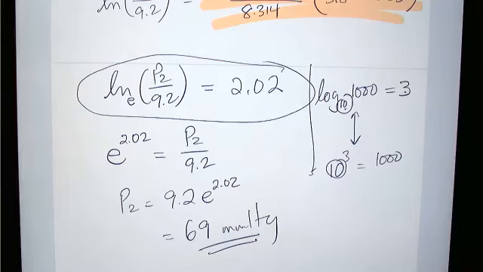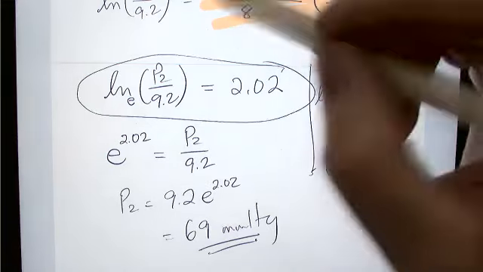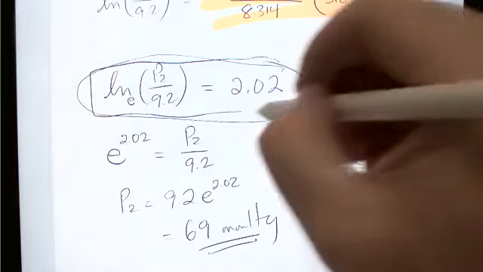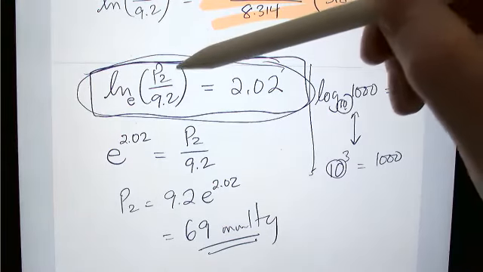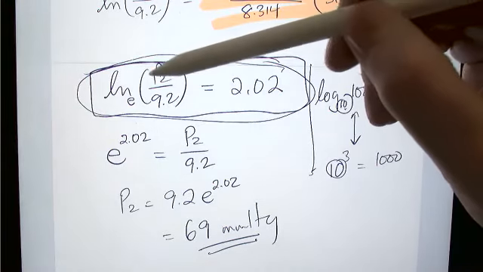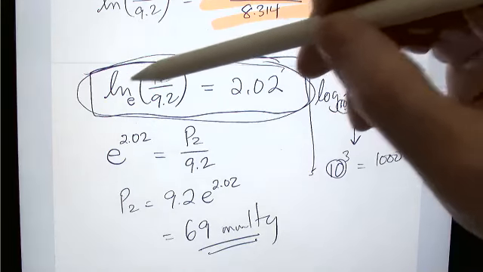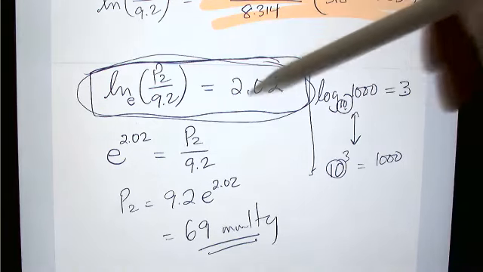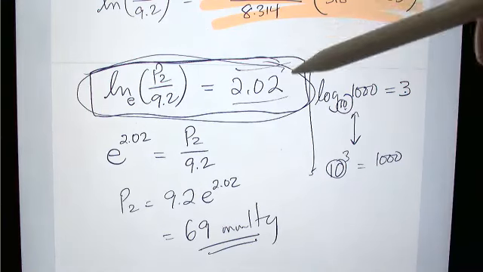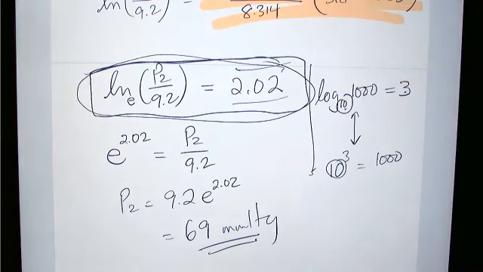I got 3.2 times 10 to the 20. I think that's a little off. I agree. What was your equation right here? ln is P2 over 4.6. So the natural log of P2 over 4.6 was equal to what? Okay, 45.